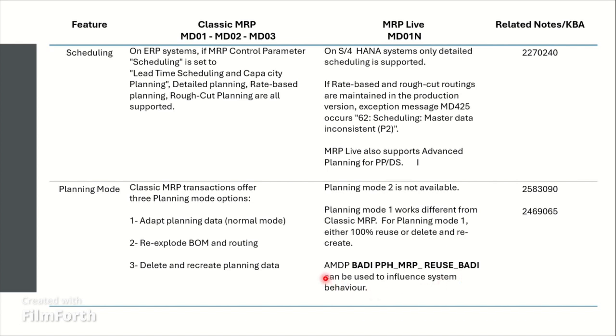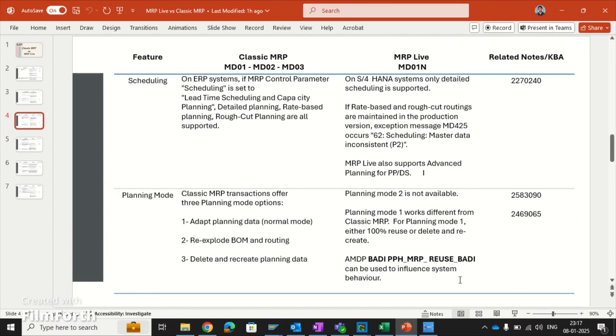So the AMDP body can be used in order to tweak the standard behavior of this planning mode functionality. But before you make any change, I suggest you go through the notes and the related knowledge base articles that you see in this particular slide.